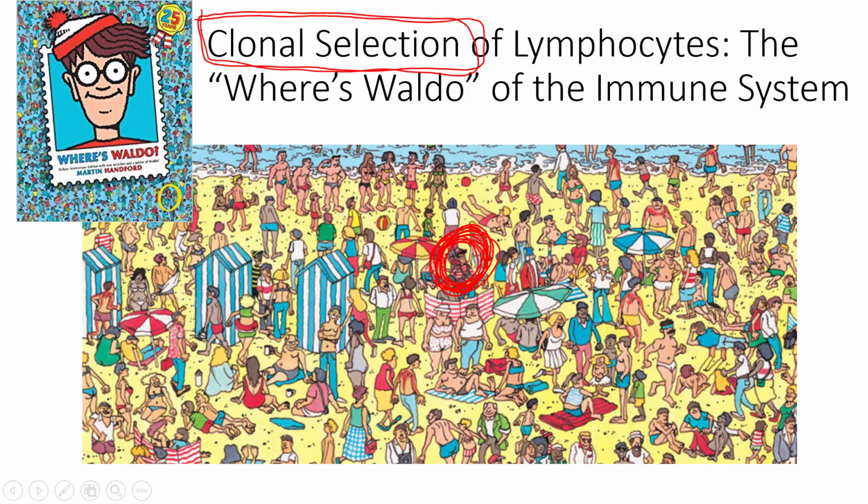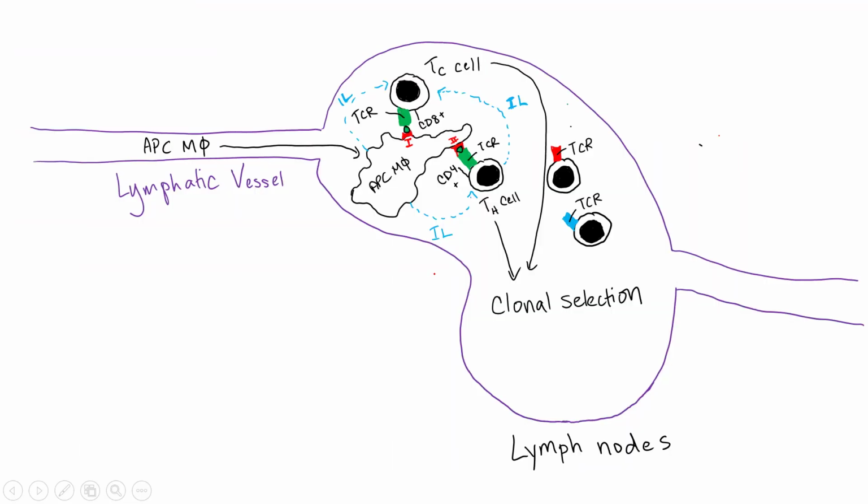And this reminds me of what happens inside of the lymph nodes when the antigen-presenting cell enters the lymph nodes and has to search for the specific lymphocytes that match the antigen involved in this infection, because there's millions of different lymphocytes in there, each unique in the TCR, and it has to get in there and search to find the correct one.